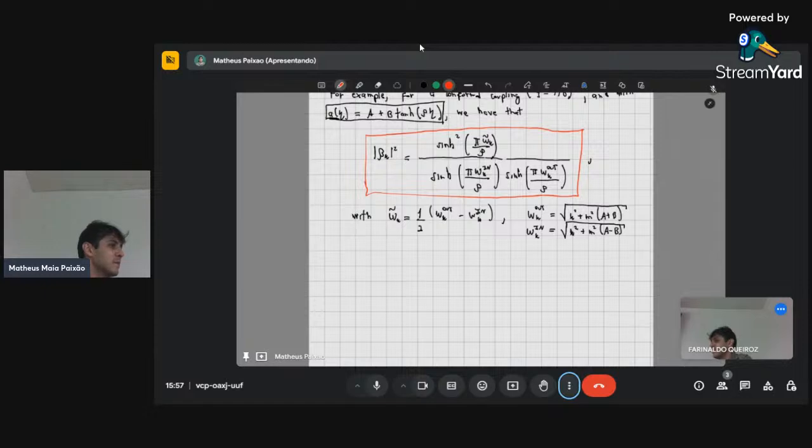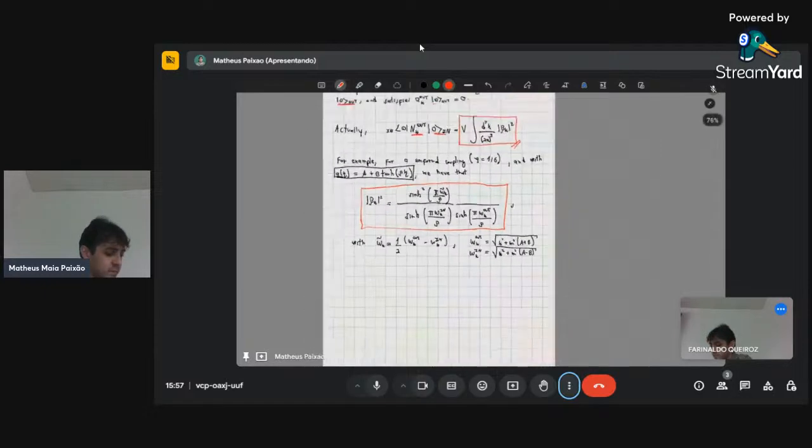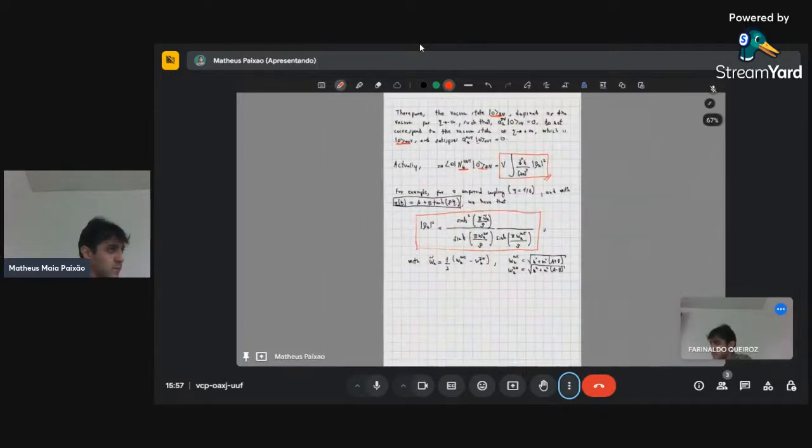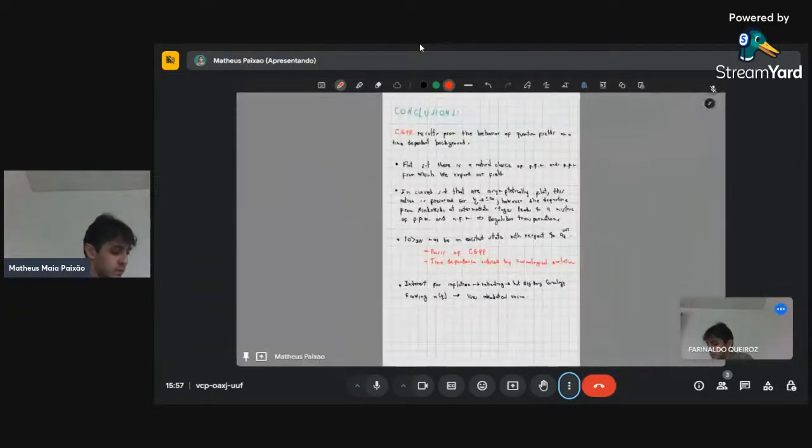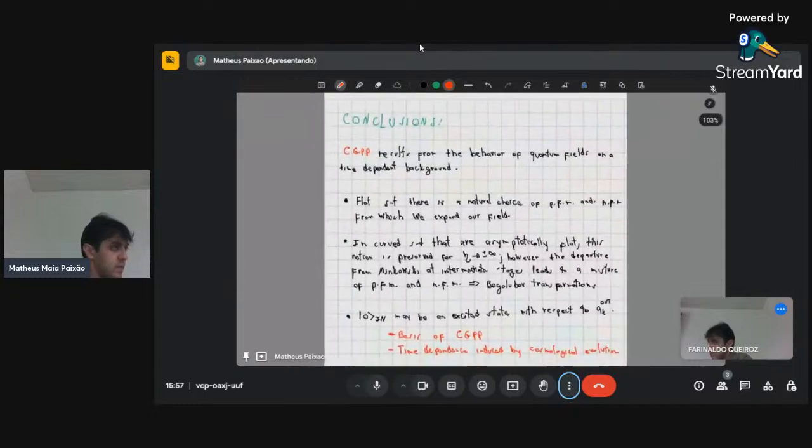Many people are going in this direction, especially because it's easier to think, because we just have evidence from gravitational physics, let's say.